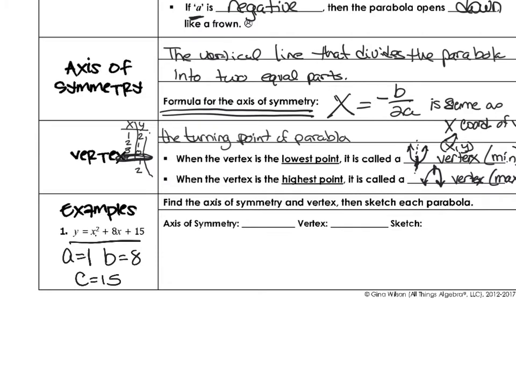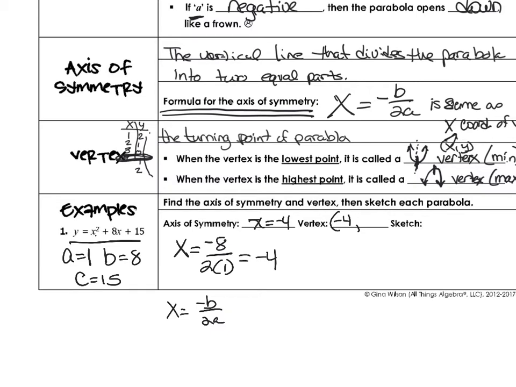So my axis of symmetry is x equals the opposite of B, so negative 8, divided by 2 times A. So that's going to be negative 4. So my axis of symmetry is x equals negative 4. The x in my vertex is also that.